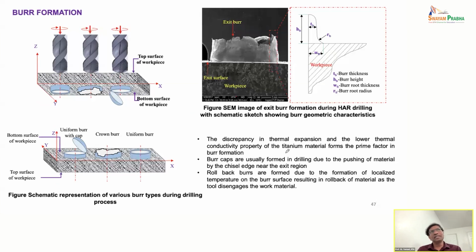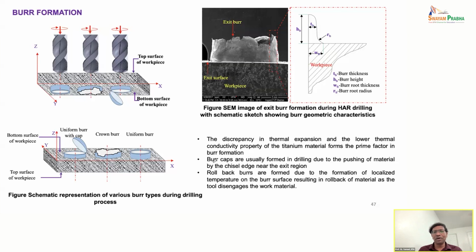One of my other students, Dr. Giridhar, has worked on machining of titanium, and he has looked into it even more clearly: while doing the machining, how the burrs are formed, why they get stuck, and how we will be able to decrease that. Basically, the temperature plays a very, very important role.